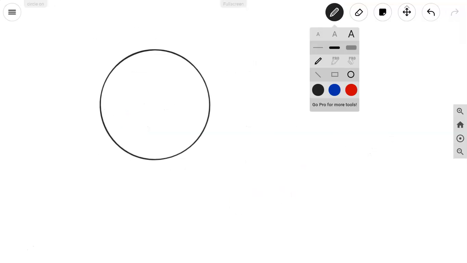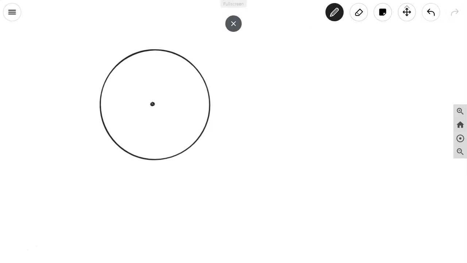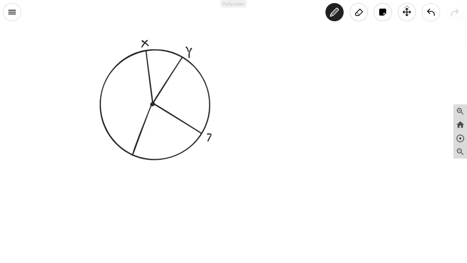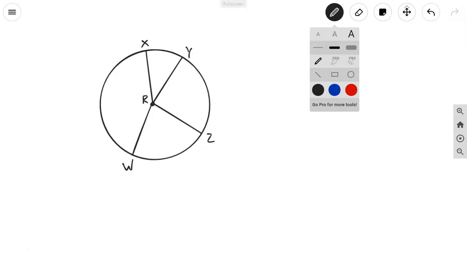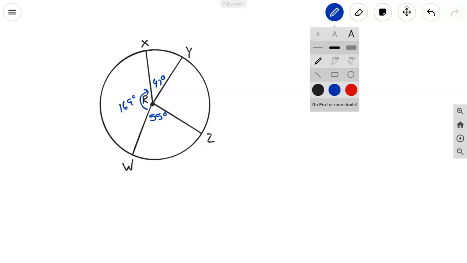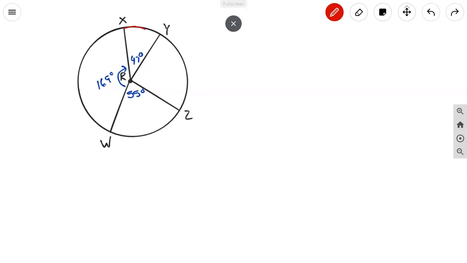Let's look at one more example problem. In this problem, it's important to note that they're telling you that the angle ZRW is 55, the angle of WRX is 169, and the angle of XRY is 47.